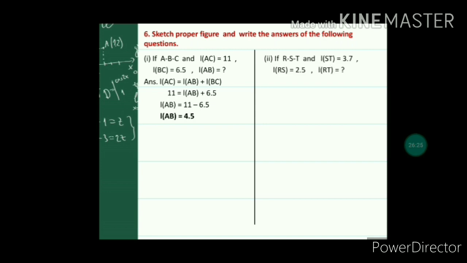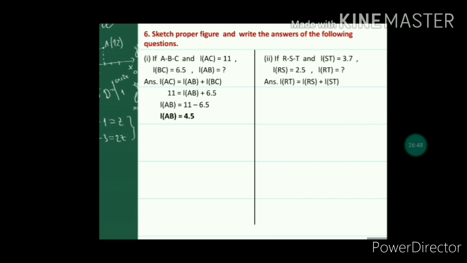Another example is the point S in between R and T and length of ST is equal to 3.7. Length of RS is equal to 2.5. Find length of RT.